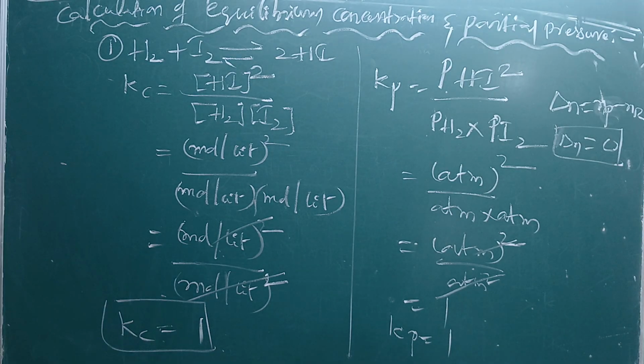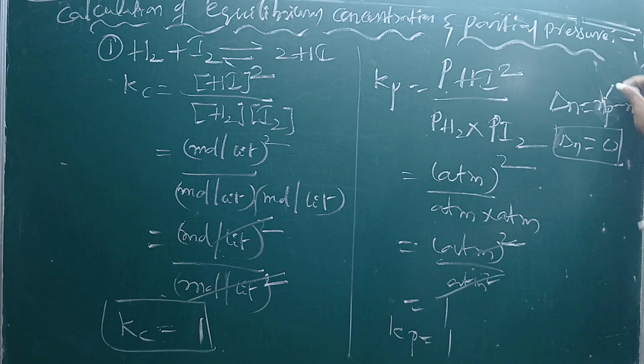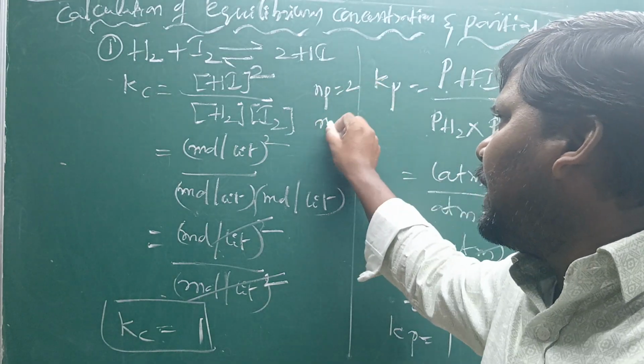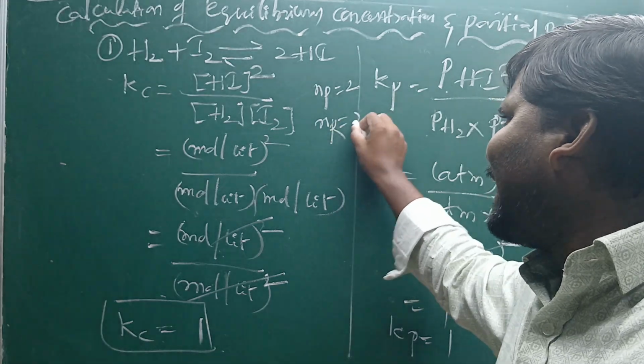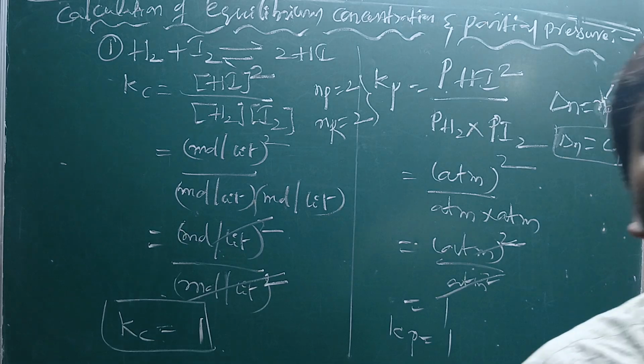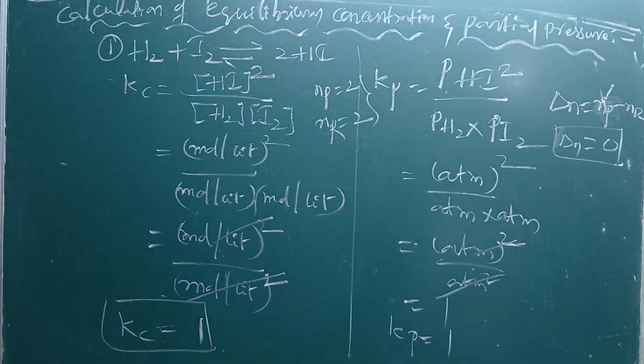Here, how many moles of gaseous product? 2 moles. When the number of moles of gaseous reactants is the same, then the equilibrium constant has no units. That is one of the reactions here.